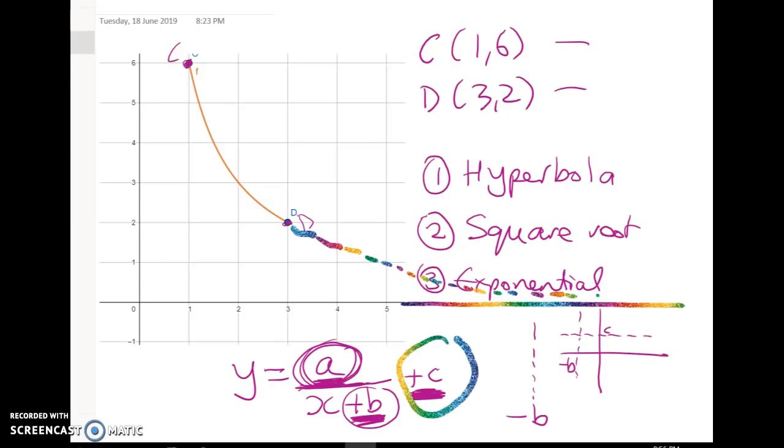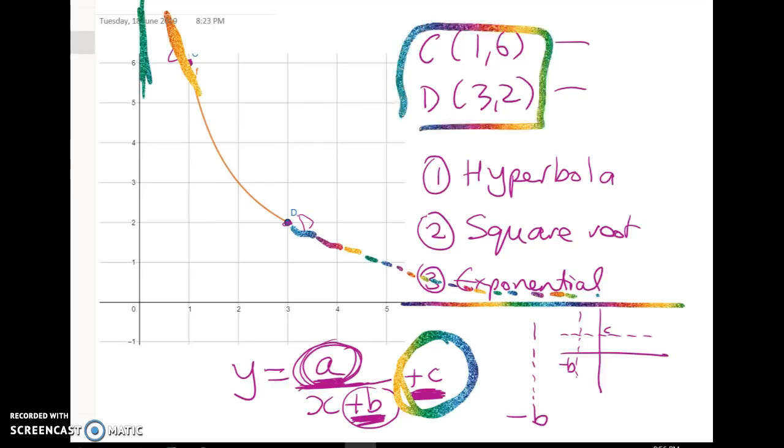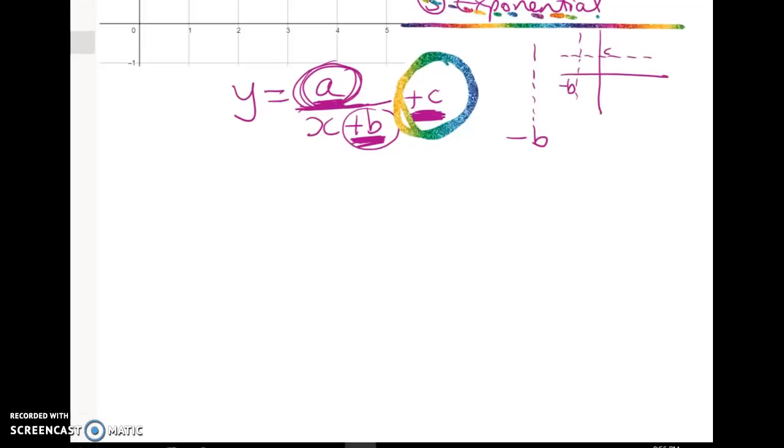So let's assume that C is 0 and there's an asymptote on the x-axis. The other thing I could do is take the curve up this direction, and guess that there's going to be a vertical asymptote on the y-axis. But I only need to do one of those assumptions because I've got 2 points, so I can solve for 2 things. So let's just write some of that down.